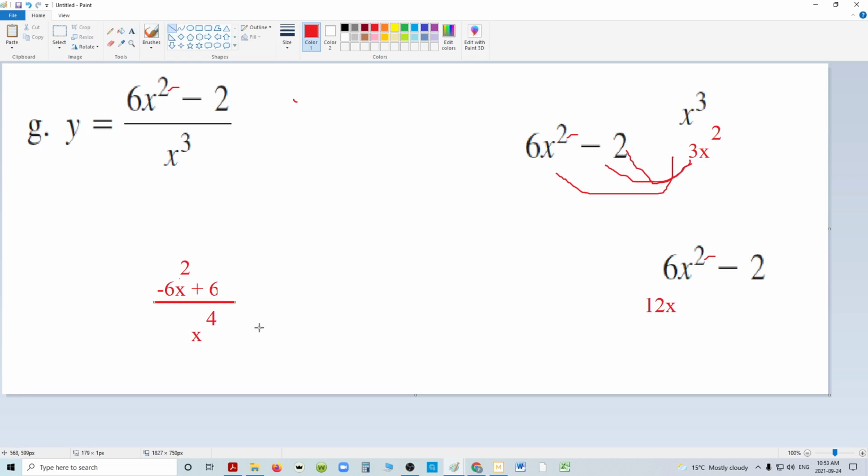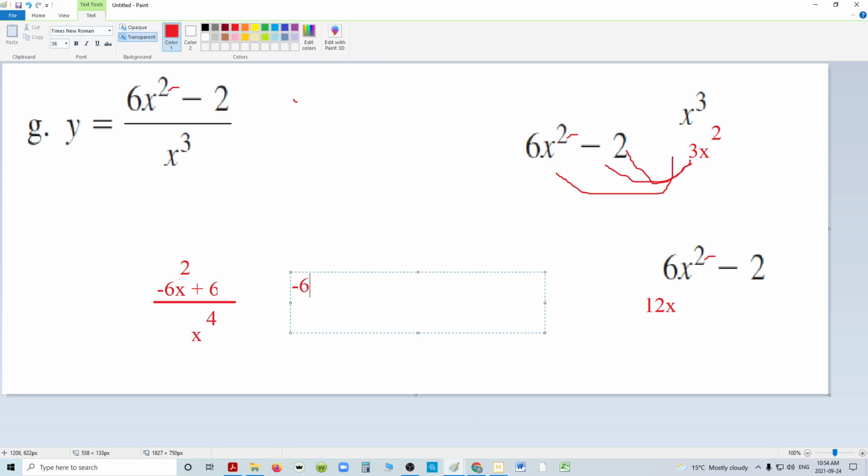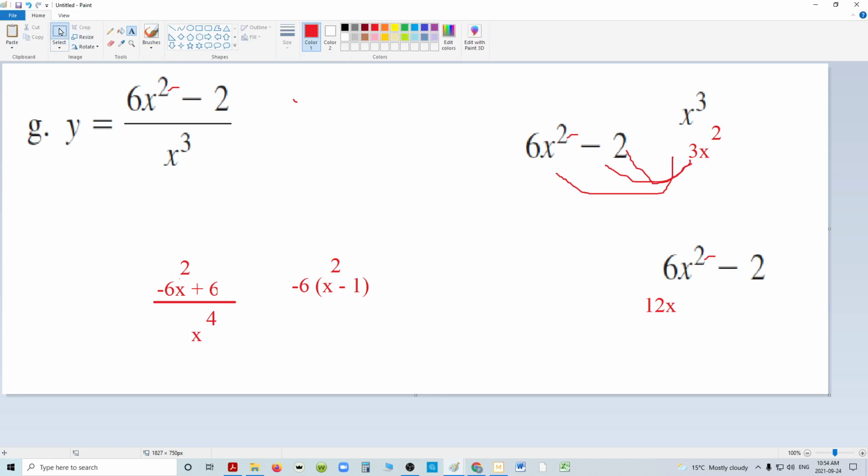I can also take a negative 6 out of that first one. And I'm left with x squared minus 1 all over this. So that's my first derivative.